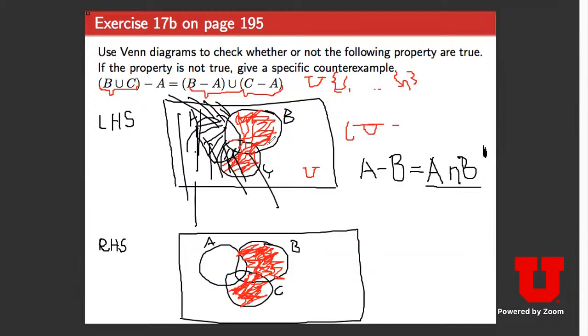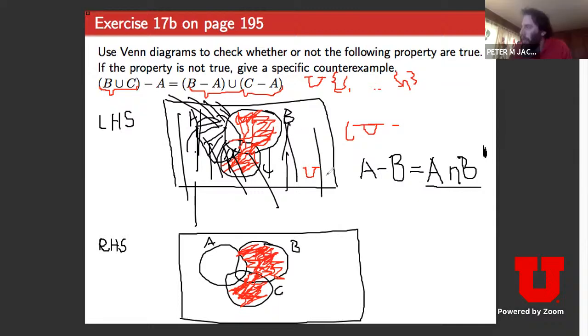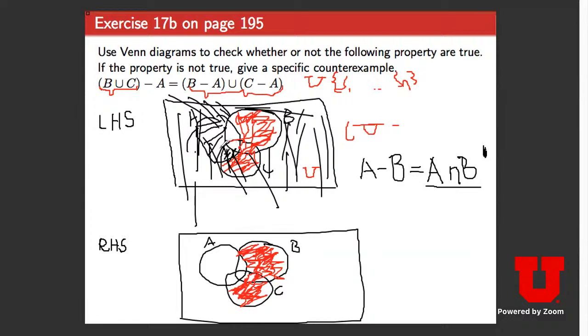Okay, that makes sense. And then we're just taking the intersection, which just ends up giving us just this part. So nothing actually changes here.